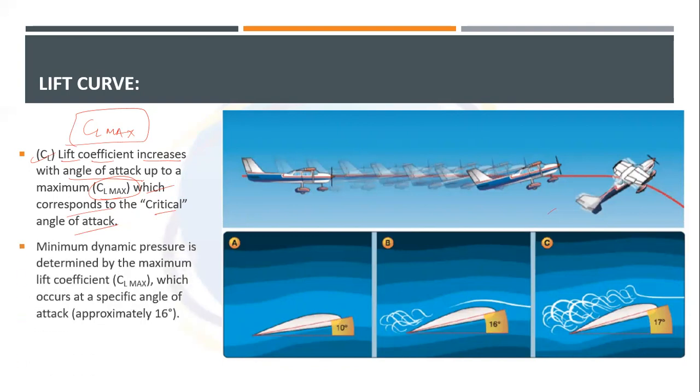Then the minimum dynamic pressure is determined by the maximum lift coefficient, right? If we have the lift formula half rho v square CL into S, and I have this maximum, and my lift is constant, because this is a level flight, okay? So lift is constant. So what am I changing? I'm just changing my CL. But if I keep on increasing the CL, one thing has to reduce. That is my velocity.